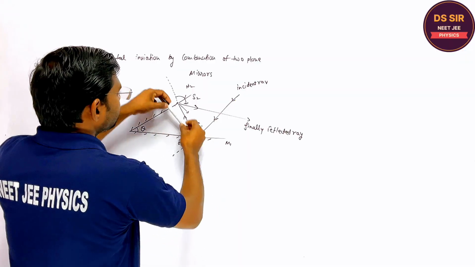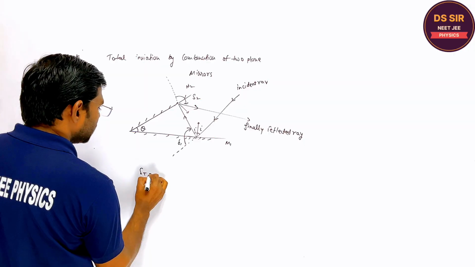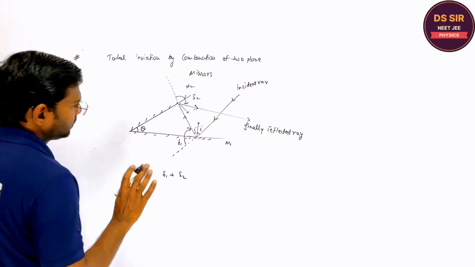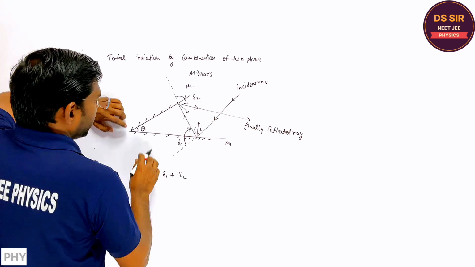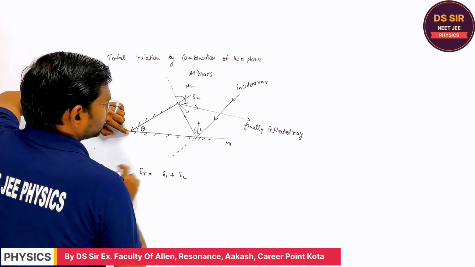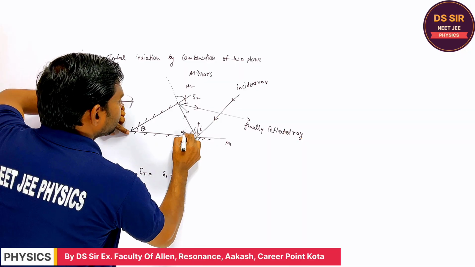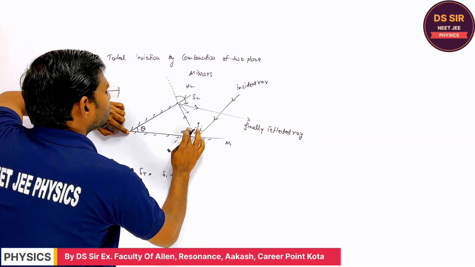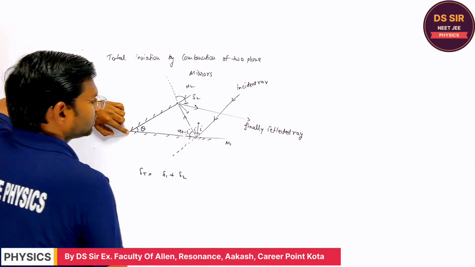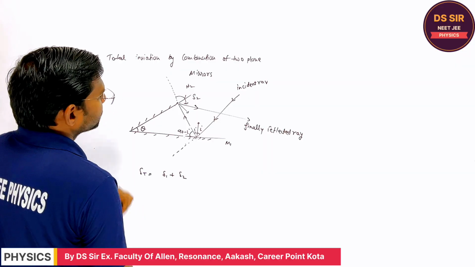This is clockwise, this is also clockwise. So the total deviation is nothing but delta 1 plus delta 2. This is the one thing. Okay, if this is theta, listen, I will make it later. If this is theta, this is 90 minus theta. And if this is I, this is 90 minus I. All right. Okay, one more thing.